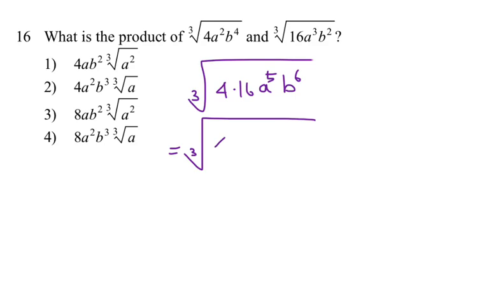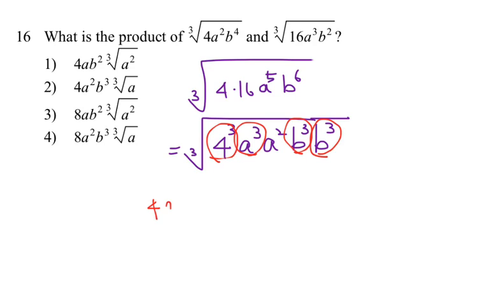Alright, then we know that 4 to the 3rd power, because 16 is 4 squared, times 4 becomes 4 to the 3rd power. And a to the 5th power, I can rewrite as a to the 3rd and a squared, and then b to the 3rd times b to the 3rd. Alright, then every perfect cube can come out of the radicals. So we get 4ab squared, and that's basically what we end up getting.